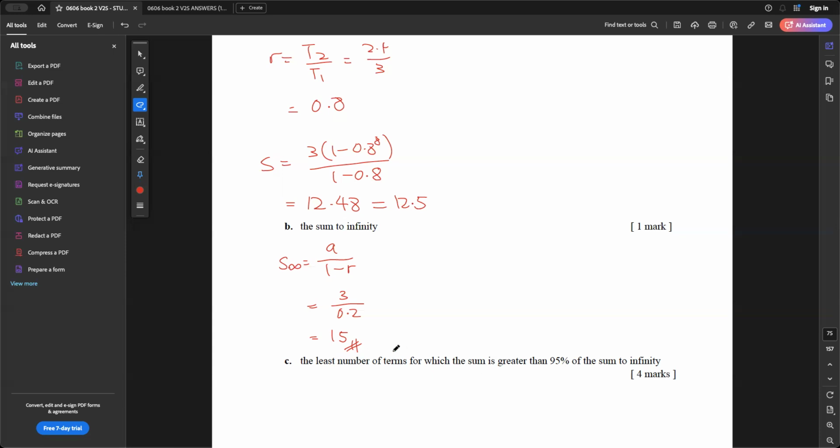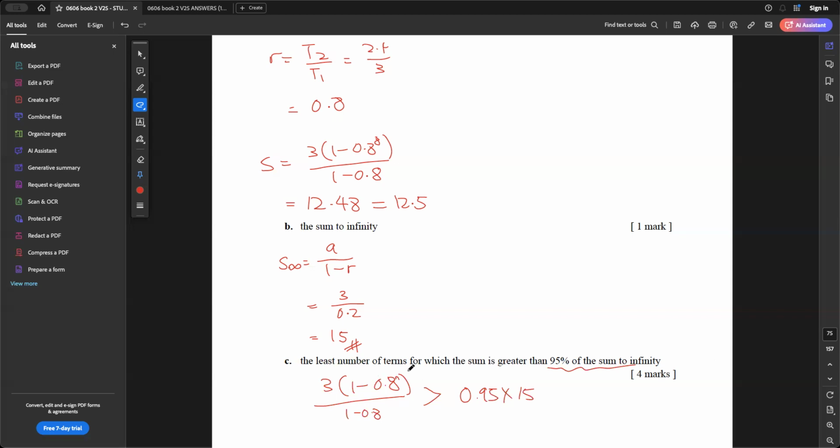So the sum of n terms is 3 times (1 minus 0.8 to the power of n) over 1 minus 0.8, okay? This value, the least number of terms, is greater than 95%, right? 95% is 0.95 times the sum to infinity.